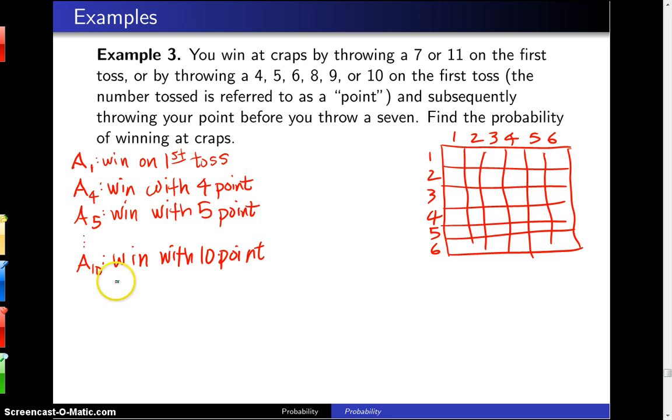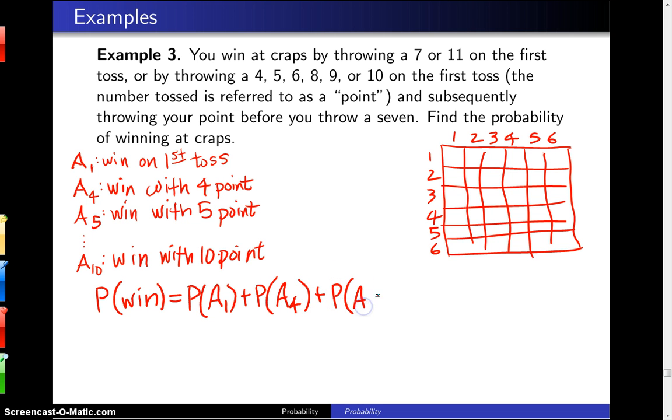So since all of these are mutually exclusive, we want the probability of winning, and that will be the probability of winning on the first toss plus the probability of winning with a 4 point plus the probability of winning with a 5 point, and then you've got to cover all of the different possible points, and the last one of course here is the probability of winning with a 10 point.